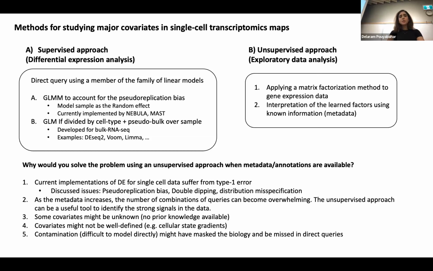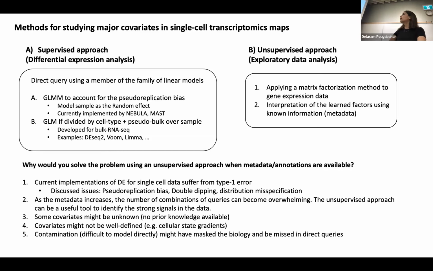But just before going into more details, I wanted to explain why you would be interested in this second approach, the unsupervised approach. Why bother solving the problem in an unsupervised way when you already have some metadata or annotations? There are different reasons. First of all, as we discussed last time, the current implementations of differential expression suffer from many computational challenges.